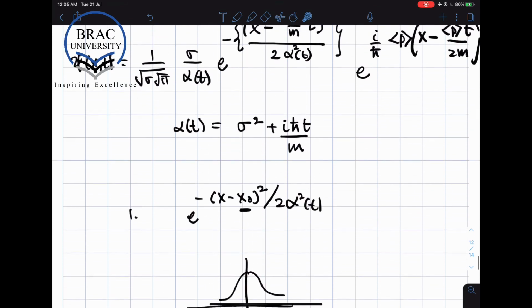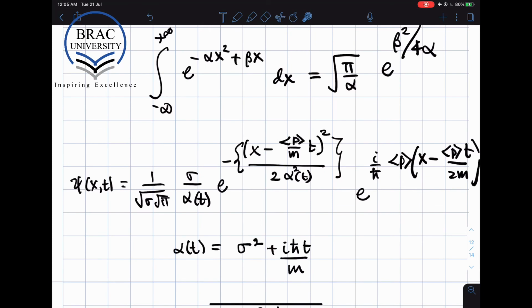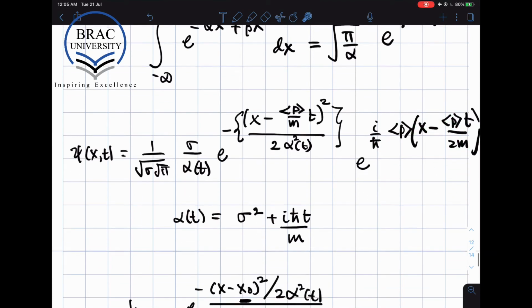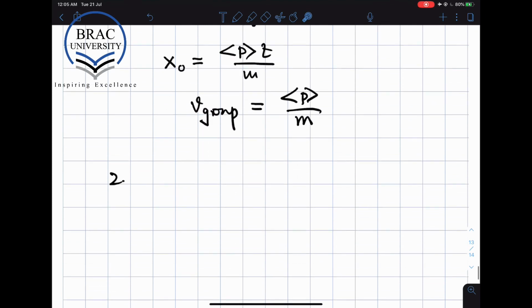And in the probability density, this momentum-dependent phase factor, it's a time-dependent, position-dependent phase factor, that goes away, because this is just a phase. And my probability density is going to be given by sigma by alpha squared, this is a time-dependent object, square root of pi. So the probability density itself is a Gaussian.